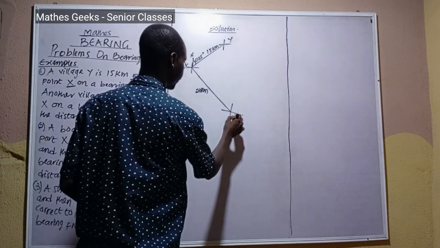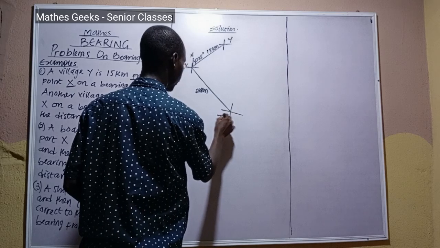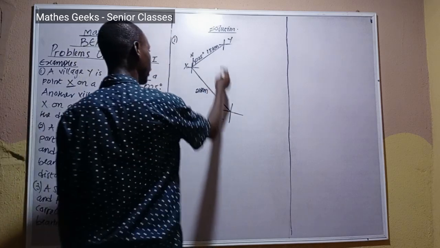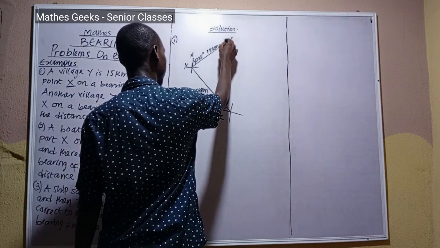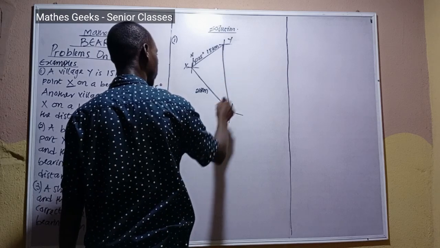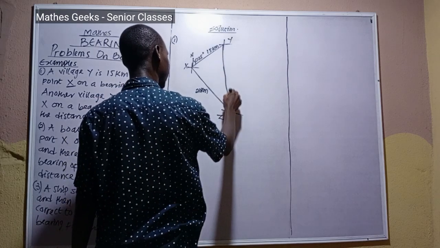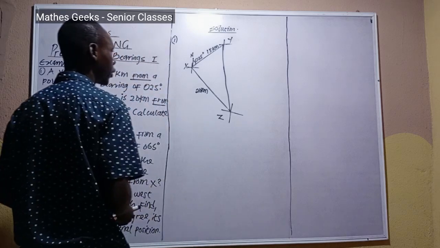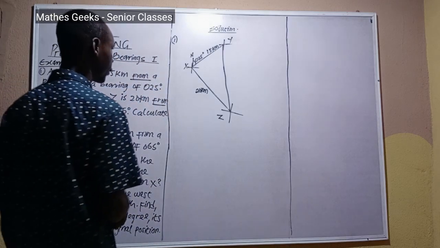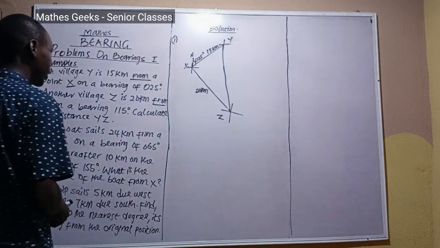So this is point Z. Let me put it here, point Z. So you're going to link these two places together. So that's perfect. These are the shapes. Okay, so now let's begin.